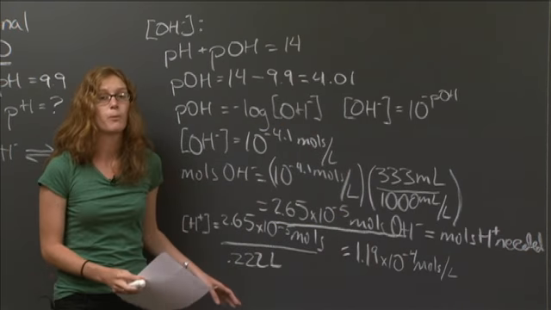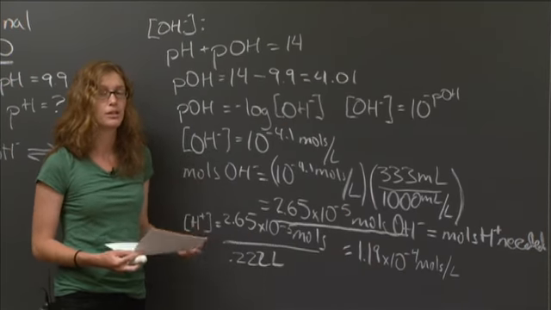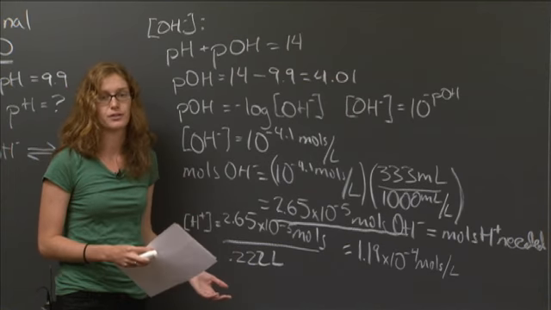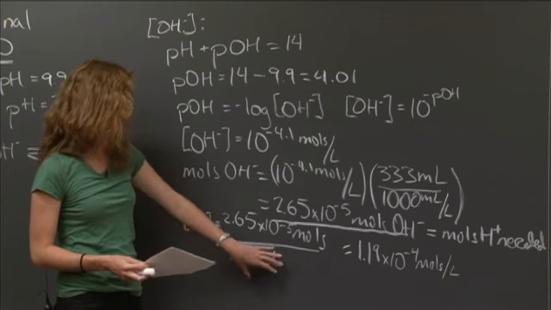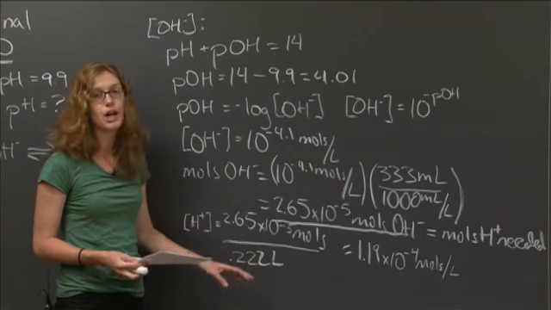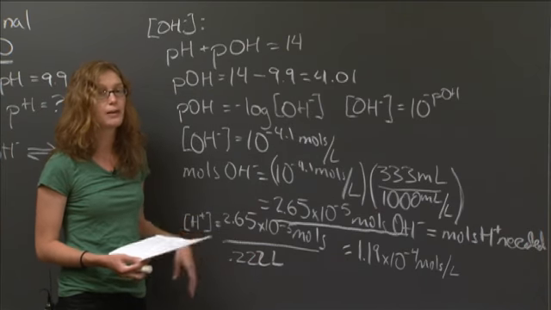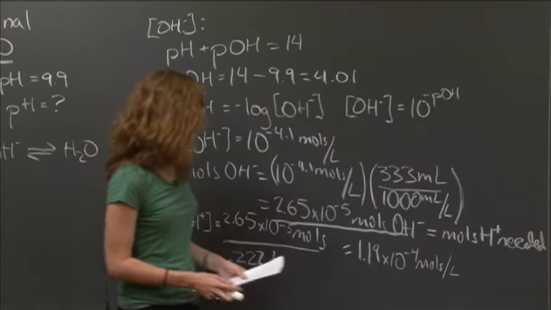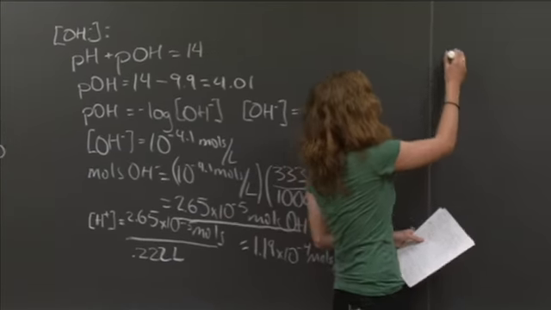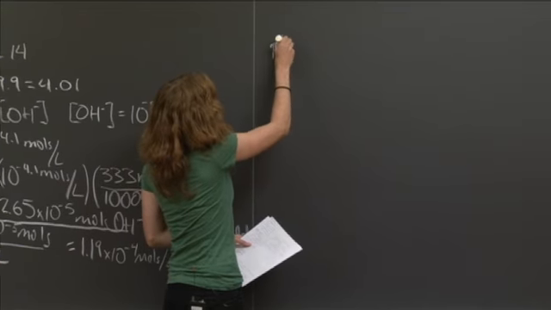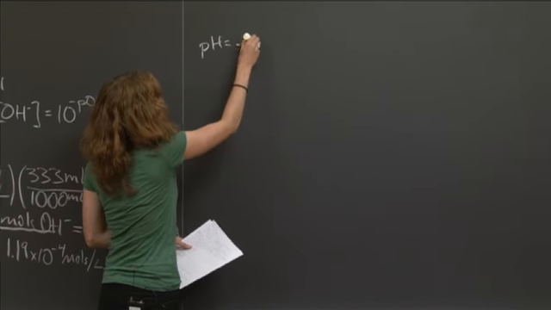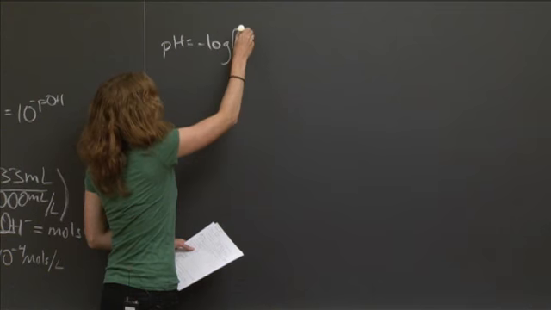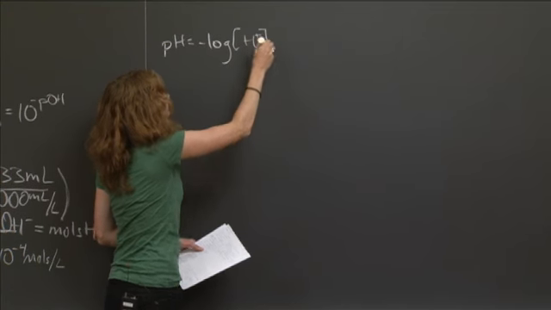So this is another problem where you could get an answer but not actually be answering the question, right? Because this is the concentration of protons that we need, but now we need to convert that to pH. So moving over here, we'll just write the final steps. We know the definition of pH is the negative log of the concentration.